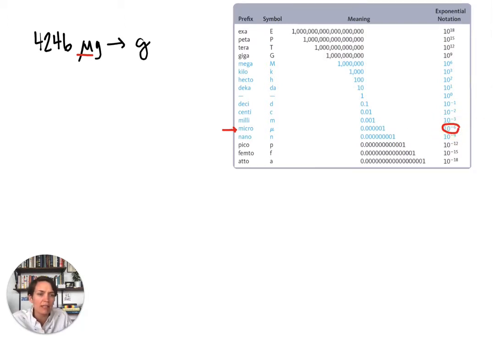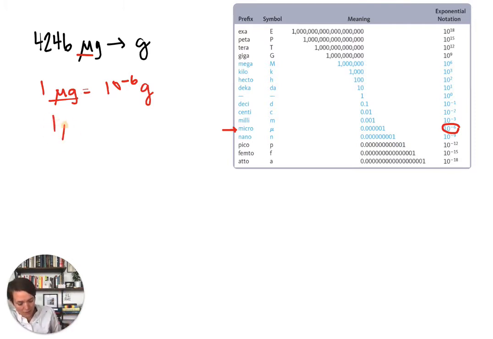So what does that mean? How would we write our conversion factor? That would mean that 1 microgram is equal to 10 to the negative 6th grams. Remember, the exponent always goes with the base unit. Another way of thinking of that is every time you have your modified unit, so you have your 2-letter unit, that is always going to have the number 1 in front of it in your conversion factor.